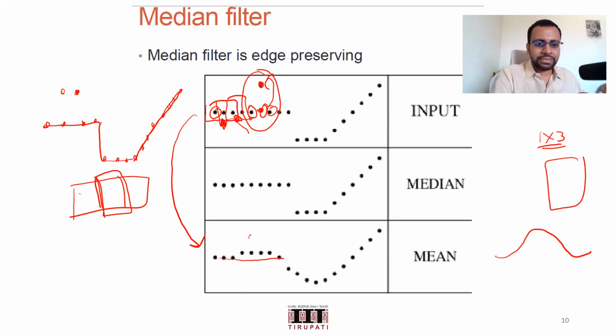Also make a note of the rest of the region. Ideally, you have a sharp edge here, and then there is this edge, which is a ramp. But the moment you apply this Gaussian filter, you could notice that for this pixel, the value equals the average of this plus this plus this. You take the sum, and obviously one of them is high, so it will move somewhere here.